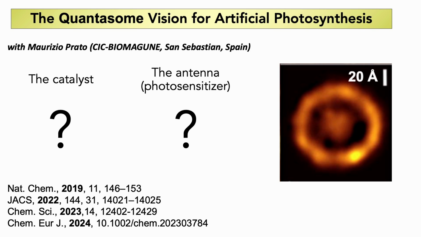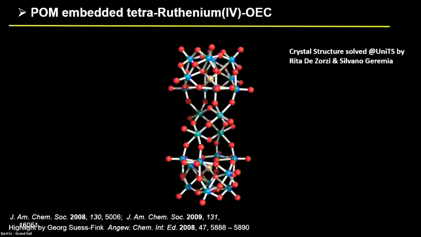I will introduce it in the next slide, and we need to organize this kind of shape. So, a corolla of antennas that feed the catalyst with a cooperative action.